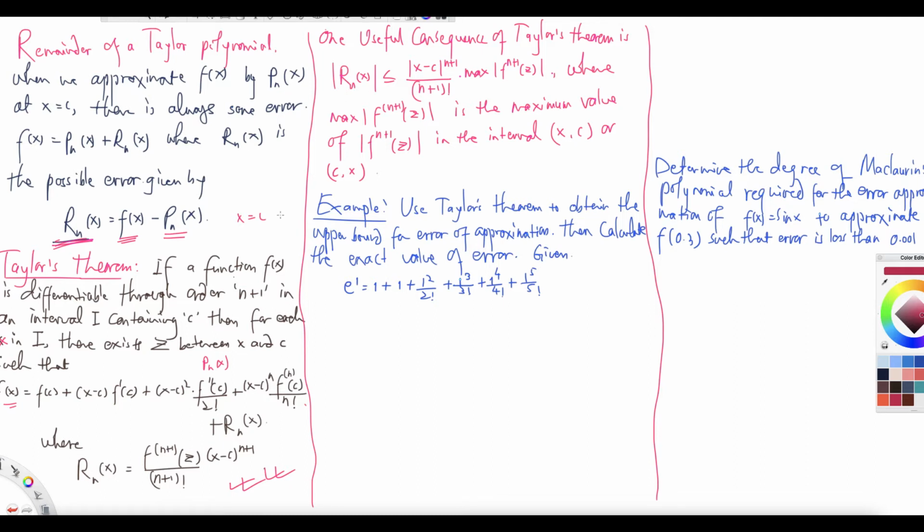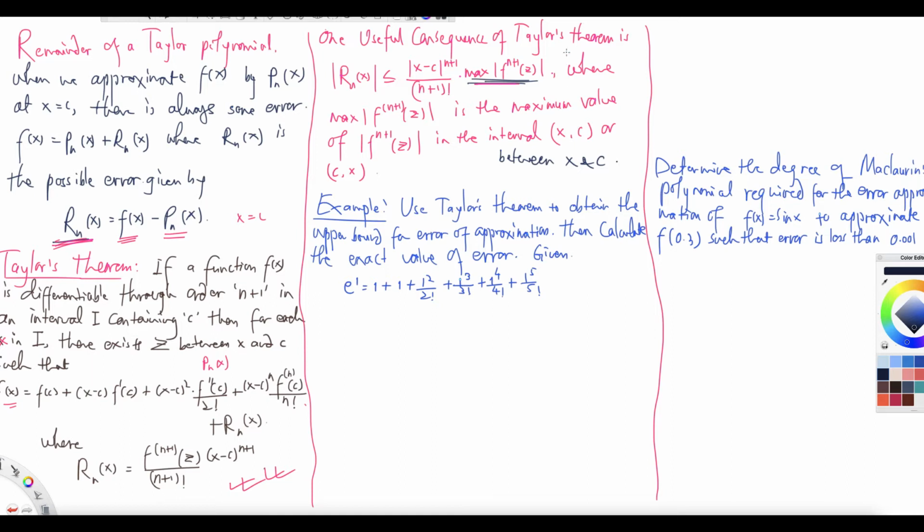The absolute value of the remainder is always less than or equal to the absolute value of (x minus c) to the n plus 1, over (n+1) factorial, times the maximum of the absolute value of the (n+1)th derivative of f at g, where the maximum is taken in the interval x comma c or c comma x, depending on whether x is bigger or smaller than c. Basically it says between x and c. That's what it is saying.